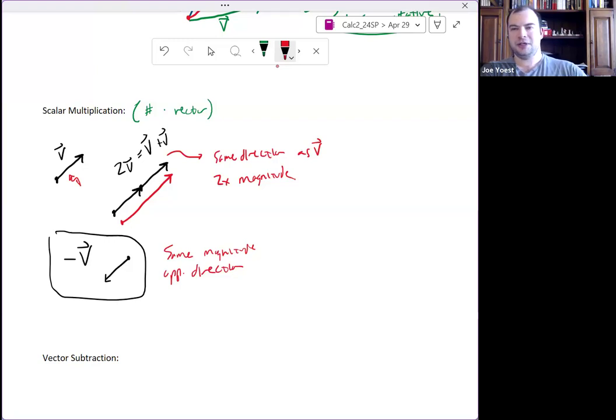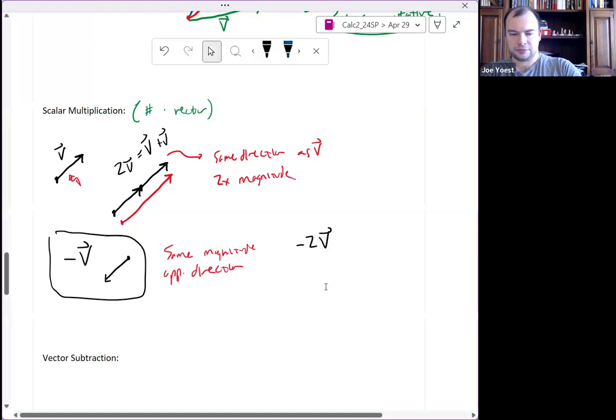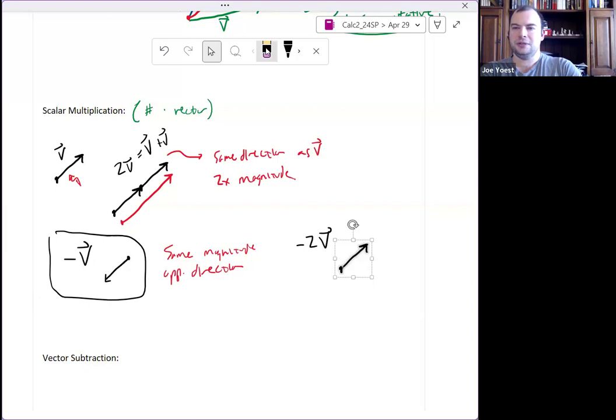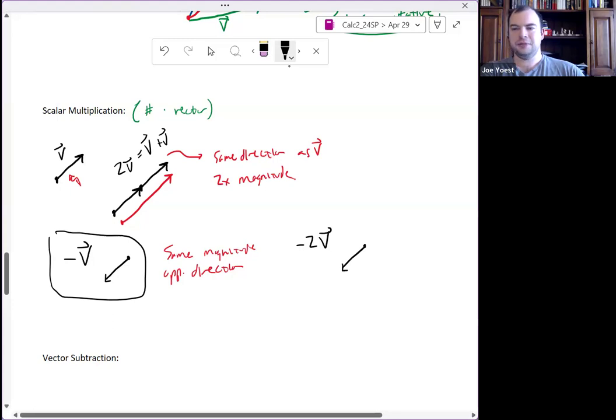Or what's negative 2V? Well, I would just take negative V, again same magnitude, opposite direction.